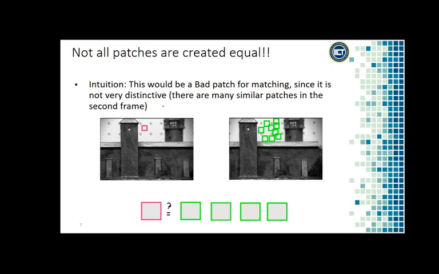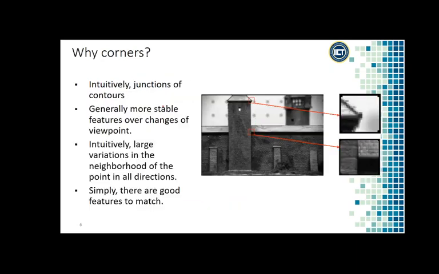So the idea is to select the most distinctive patch, which is easy to track and easy to match. And that's where the corner arises. When you deal with corners, the corners have the most distinctive patch because they have image gradients in all directions rather than only in one direction.